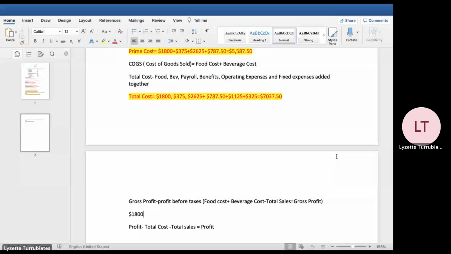So at what our profit would be after we sold all of the food and beverage items and deducted our costs, profit would have been $5,325. But that's not the case, right?